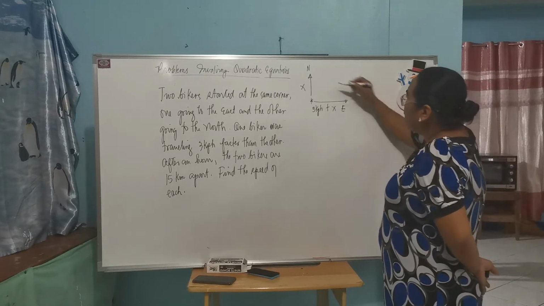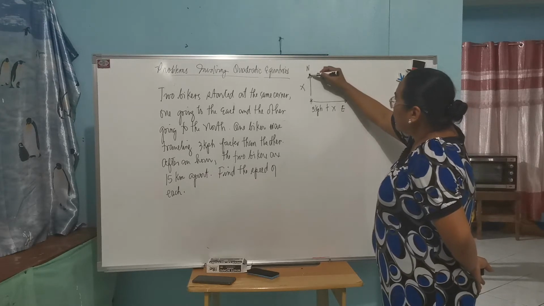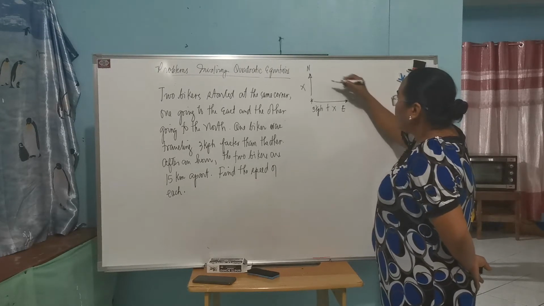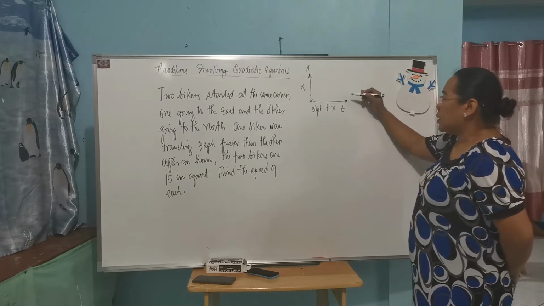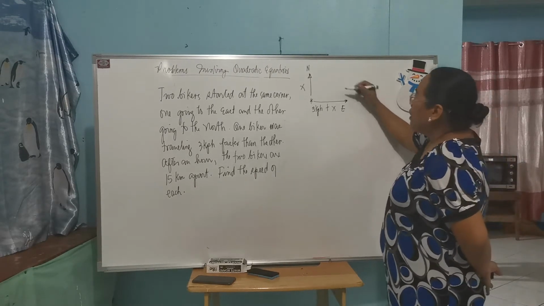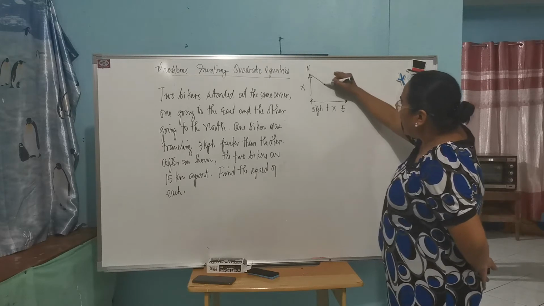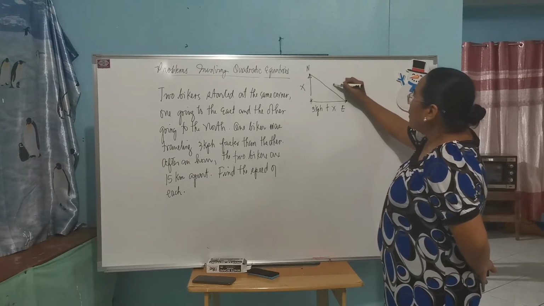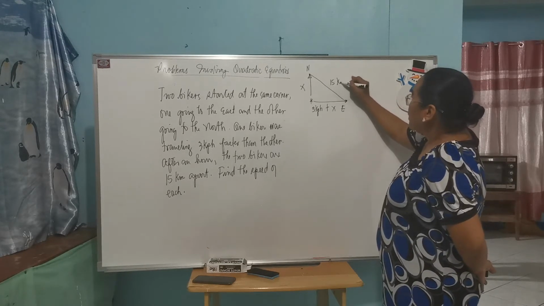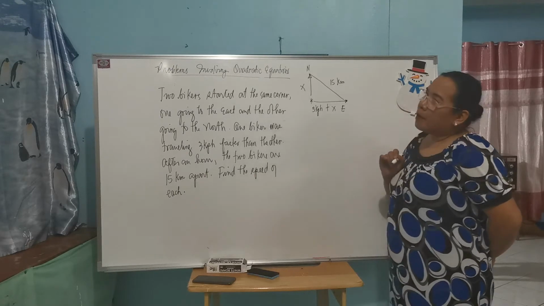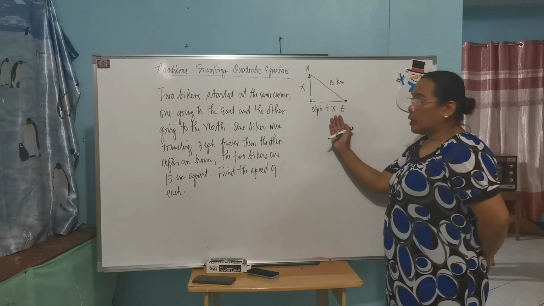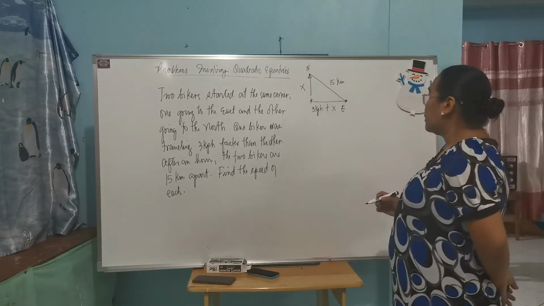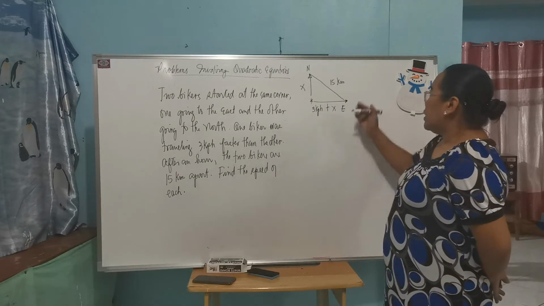After an hour, here is the location of the first biker, and this is also the location of the second biker after an hour. So the distance between them after an hour is already 15 kilometers. So the problem is, what is the speed of the first biker and what is also the speed of the second biker? So let's solve this one.